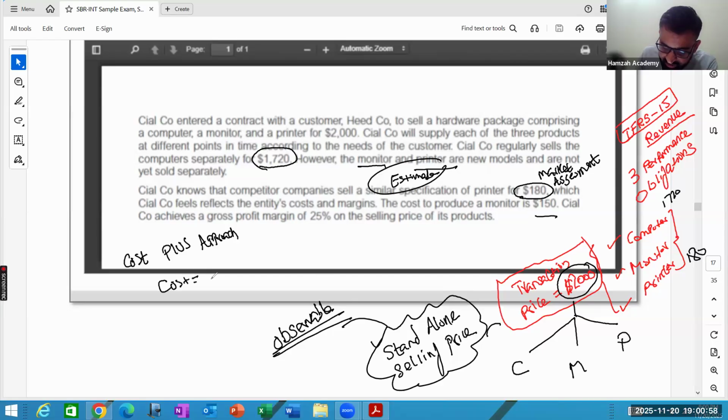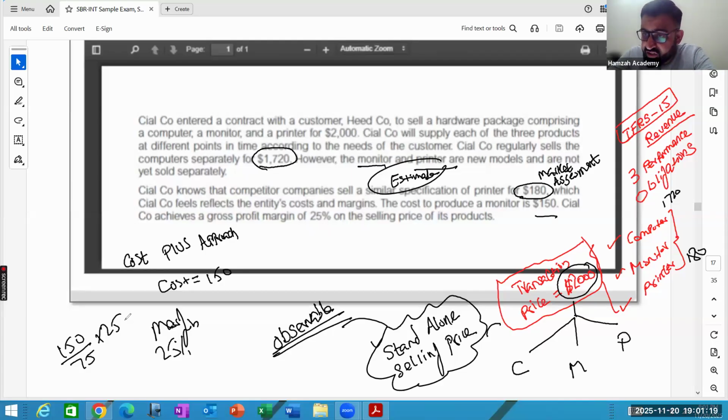The cost to manufacture a monitor is $150 and the margin is 25%. So if it is a margin, you will take 150 divided by 75 times 25. You will arrive at the margin which the company normally charges.